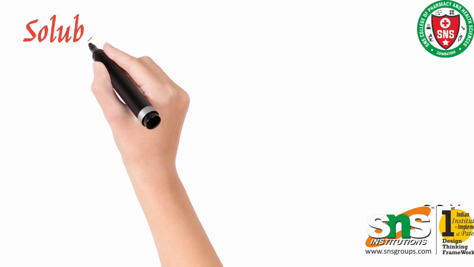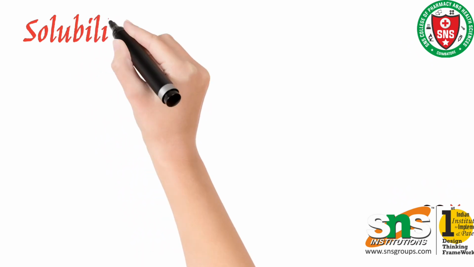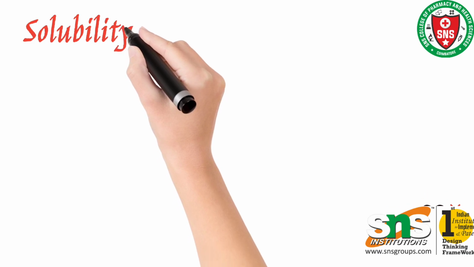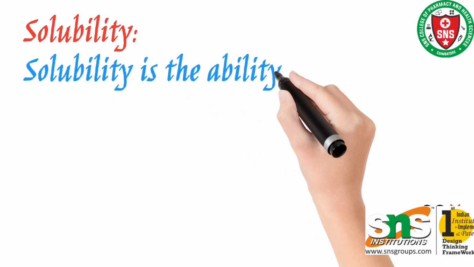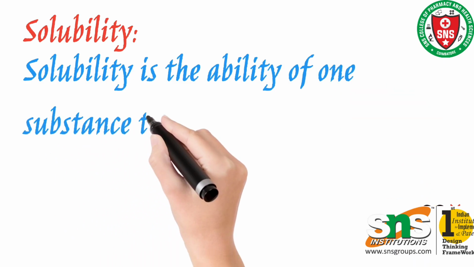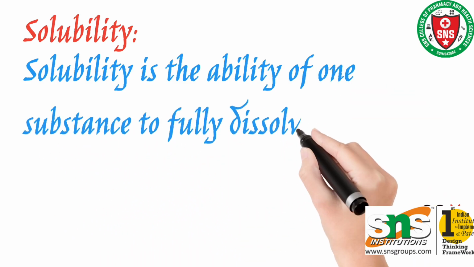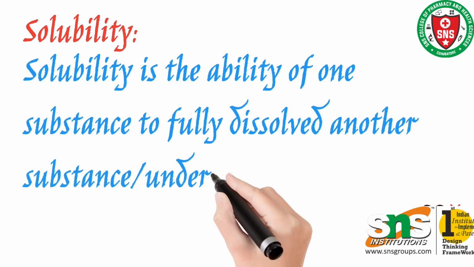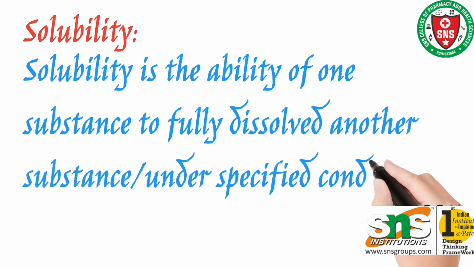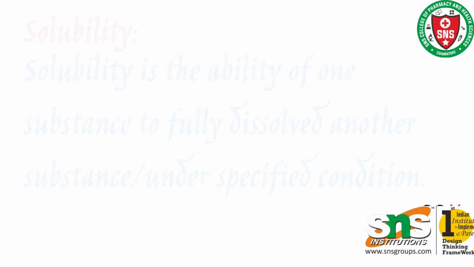What is solubility? Solubility is the ability of one substance to fully dissolve another substance under a specified condition. In a quantitative way, it is the concentration of solute in a saturated solution at a constant temperature.